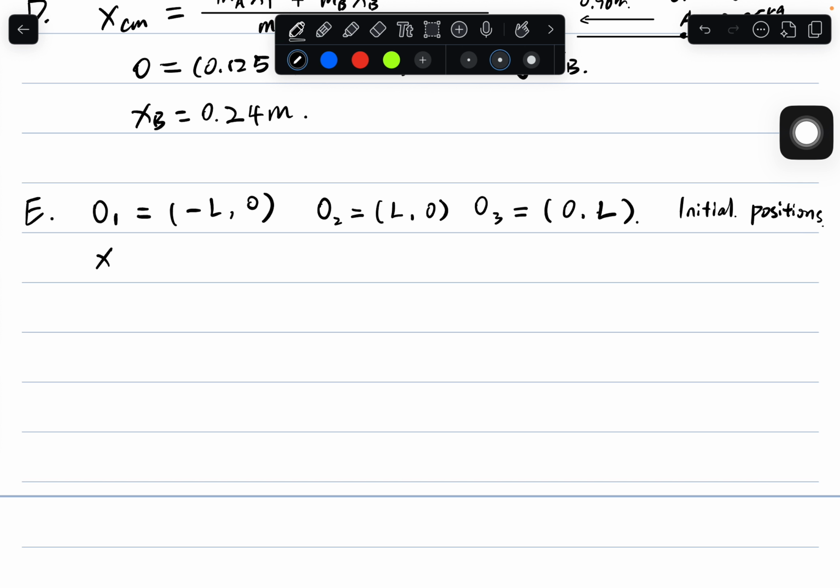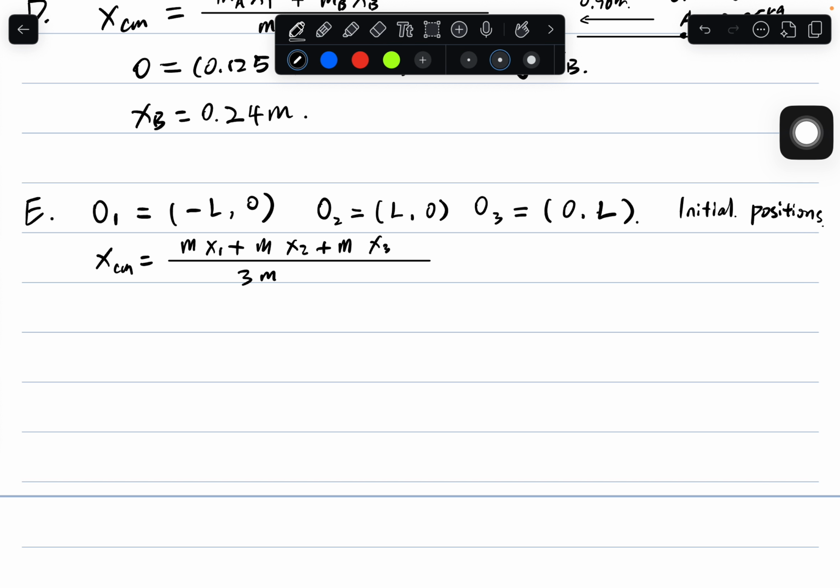So the x coordinate equals m1 x1 plus m2 x2 plus m3 x3 divided by 3m. Because they have the same mass, we can ignore m1, m2, m3.